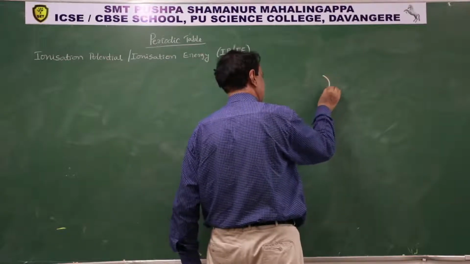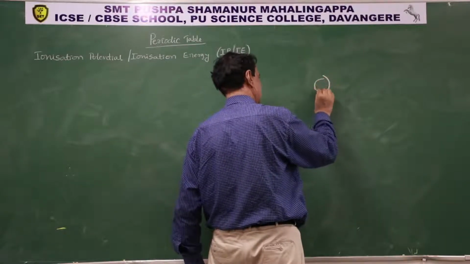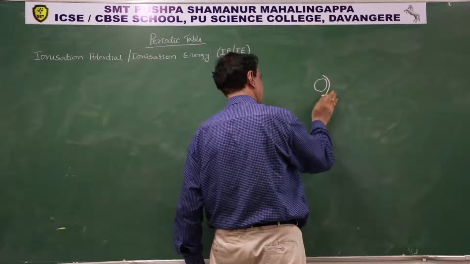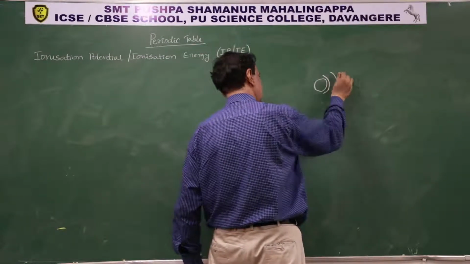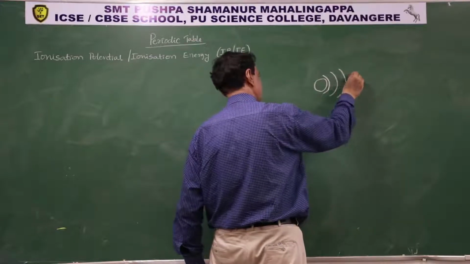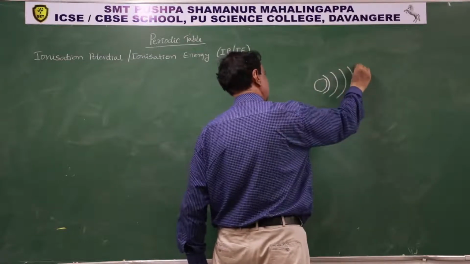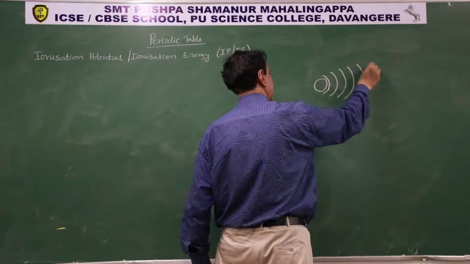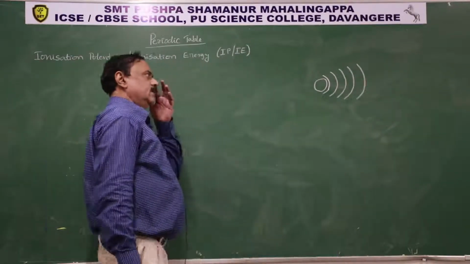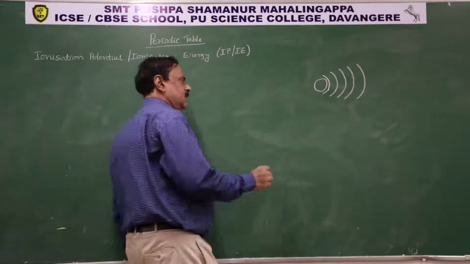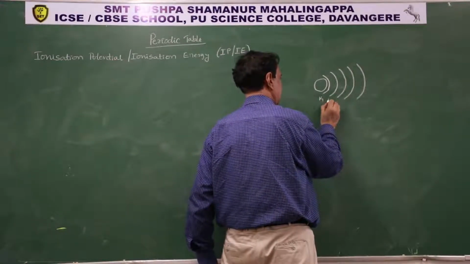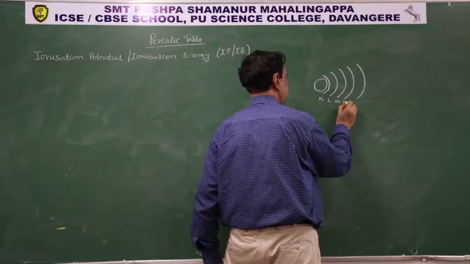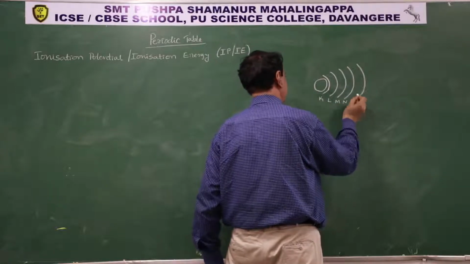Now, this is the nucleus of an atom. Next to the nucleus, we have different shells and subshells. Electrons are present in shells like the K shell, L shell, M shell, N shell, and O shell, and so on.